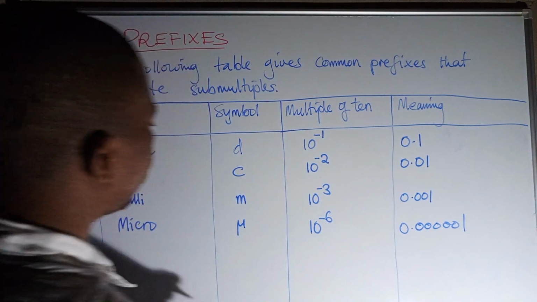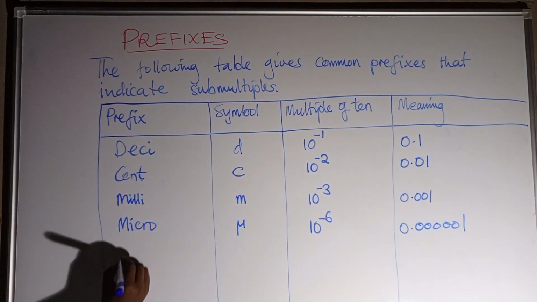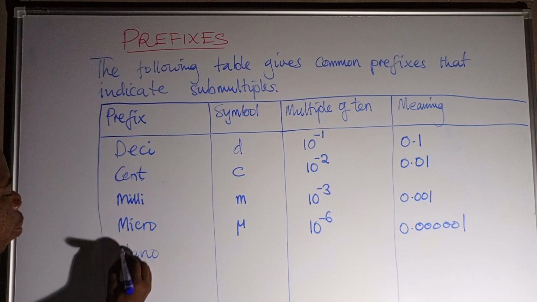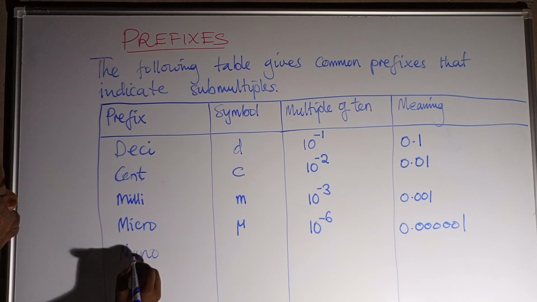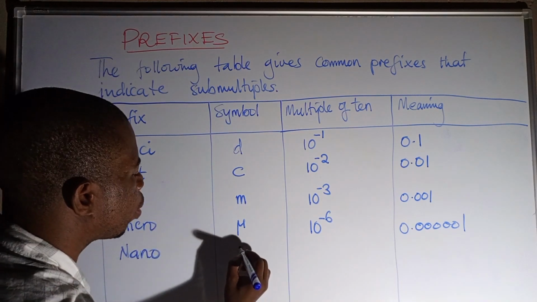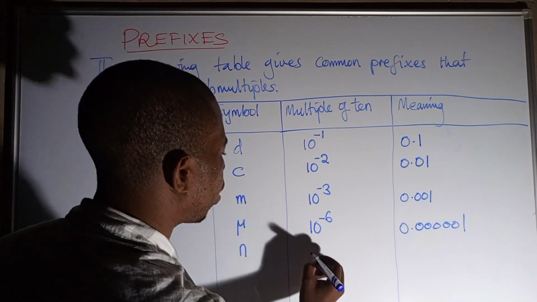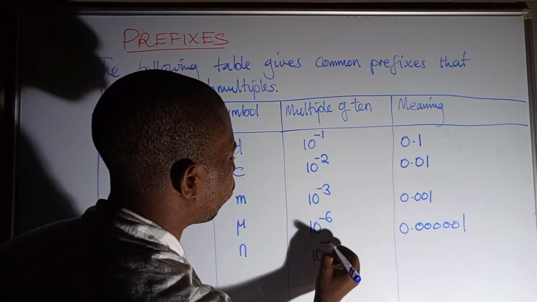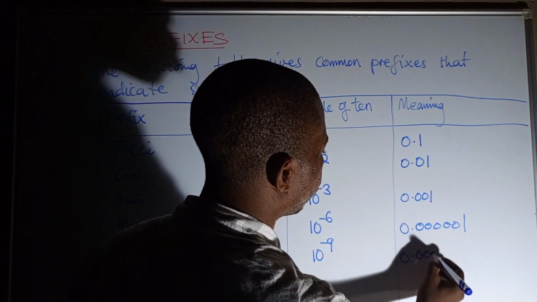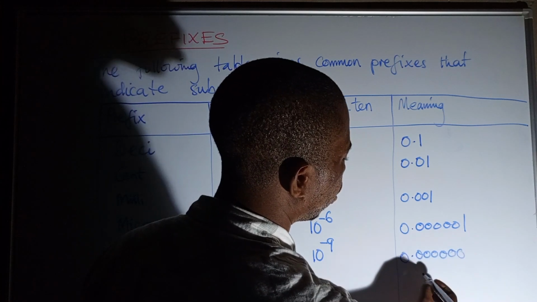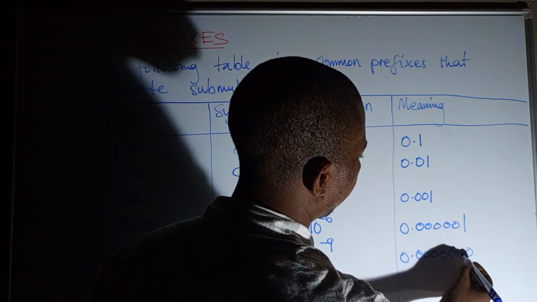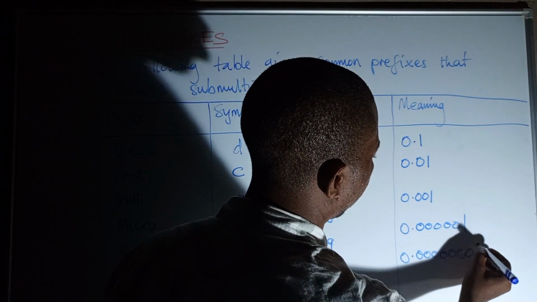Then the last one we can talk about here is nano. I'm just giving the common ones at this level. Nano is represented by small letter n, which stands for 10 to the power negative 9, which is written as 0.000000001, with the zeros counted 1, 2, 3, 4, 5, 6, 7, 8, like that.